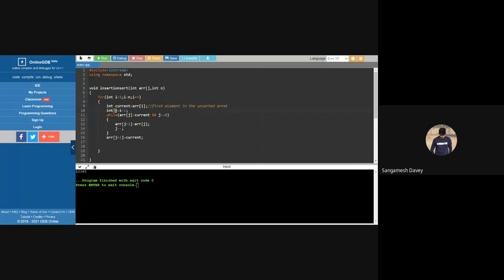Then J equal to I minus 1. If you had seen it pictorially when I was writing it out there, this is the last element of the sorted array.